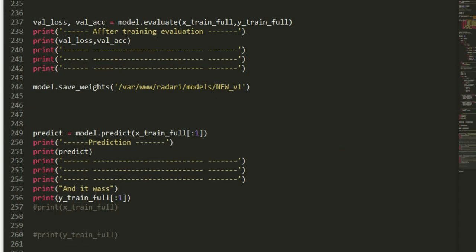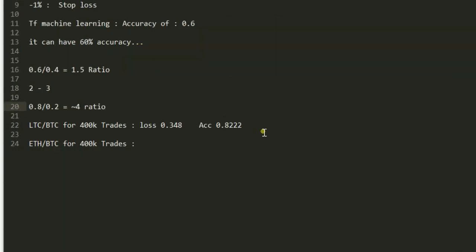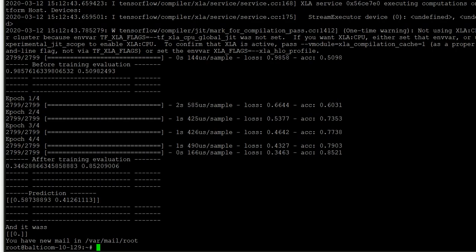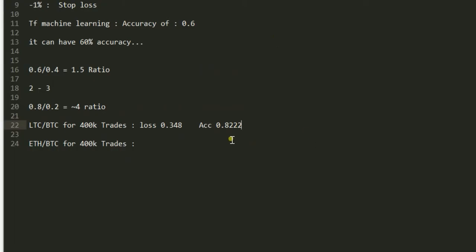So anyway, let's see how the learning process itself is carrying on. It has already finished, and there were quite few trades here to examine. So now let's write down the numbers. We have a loss of 0.34 and accuracy of 0.85.